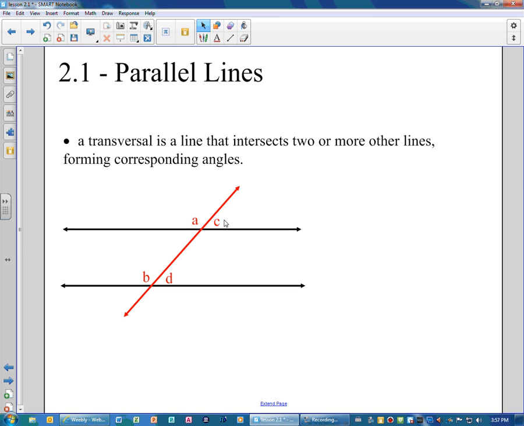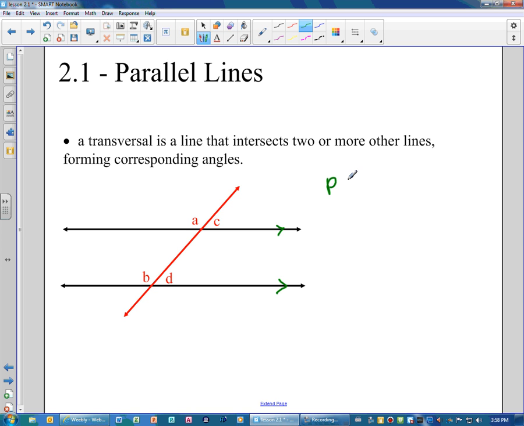So on this diagram here, we have 2 parallel lines. The black lines are parallel, and the way that we indicate parallel lines is we put little arrows. So as soon as we have these 2 little arrows here, we are saying that these 2 lines are parallel. So what's the deal with parallel lines?